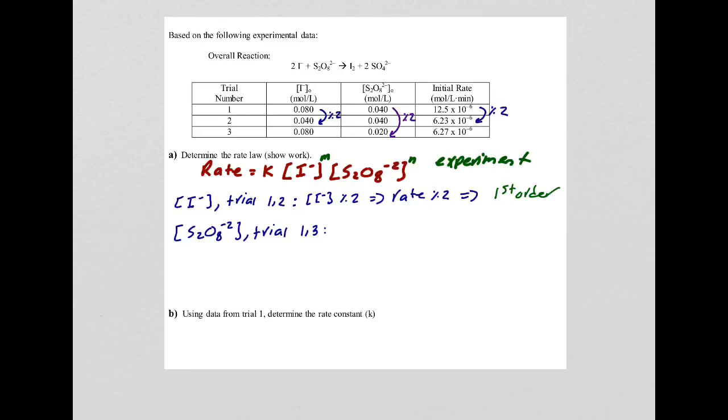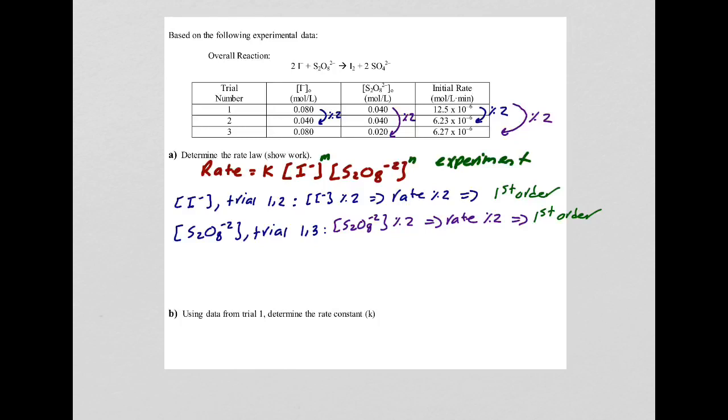It also goes down by 2. Now what happens to the rate? The rate also goes down by 2. You guys see that? So for S2O8 minus 2, the concentration goes down by 2 and the rate goes down by 2. What does that mean? It's also first order, right? Yeah. Alright, so we're in good shape.